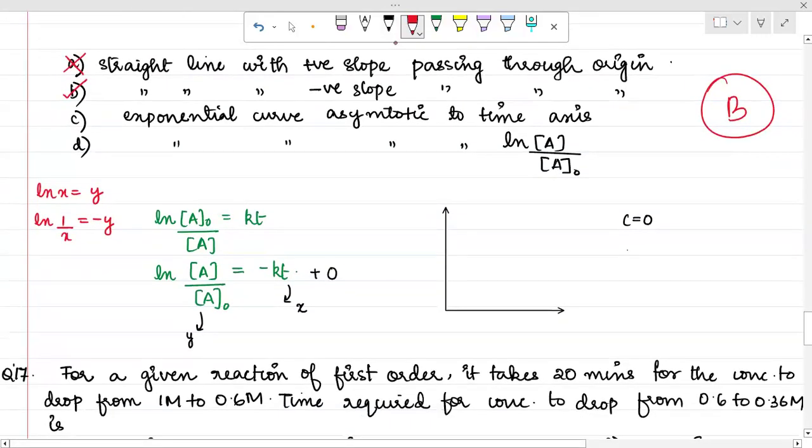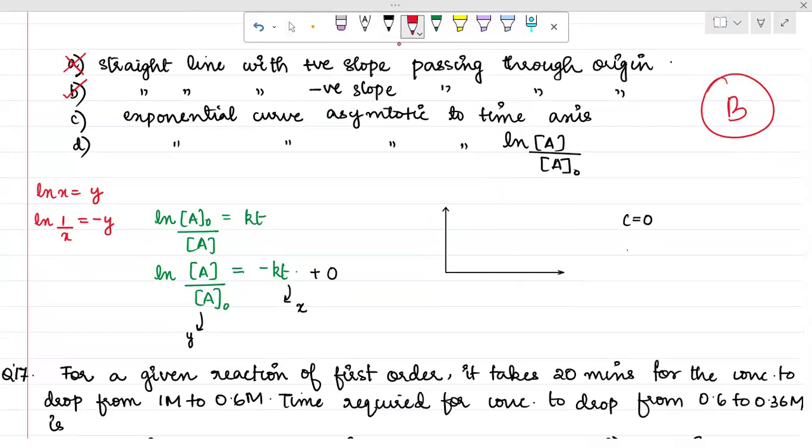How would the plot look like? As the slope is negative and it passes through the origin, it comes like this. Along the y-axis, we have ln A by A naught, and along the x-axis, we have time.